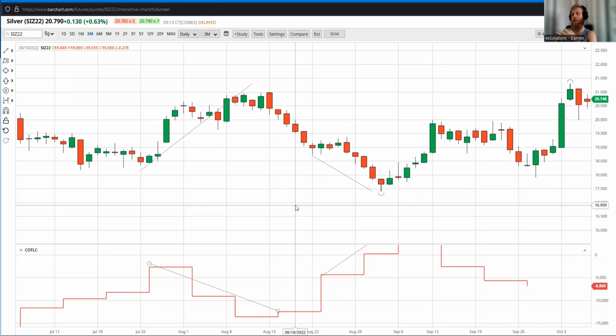Then what do we notice? That there's a pullback on the dollar and the COT data is going up while the dollar is going down. What does that mean? Yeah. Or the COT data is going up and the chart's going up. What does that mean? Strong buy.